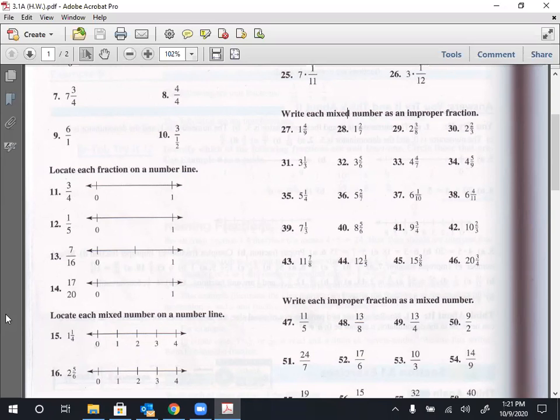Now, like I said, we were writing it as an improper fraction. So we went over that. That's what we just went over. So we have 27. We did 1 and 4/9.